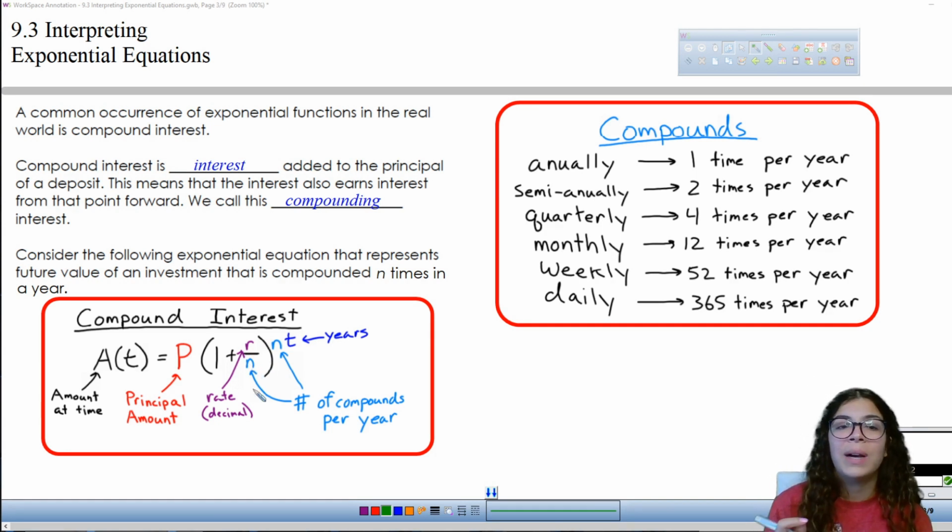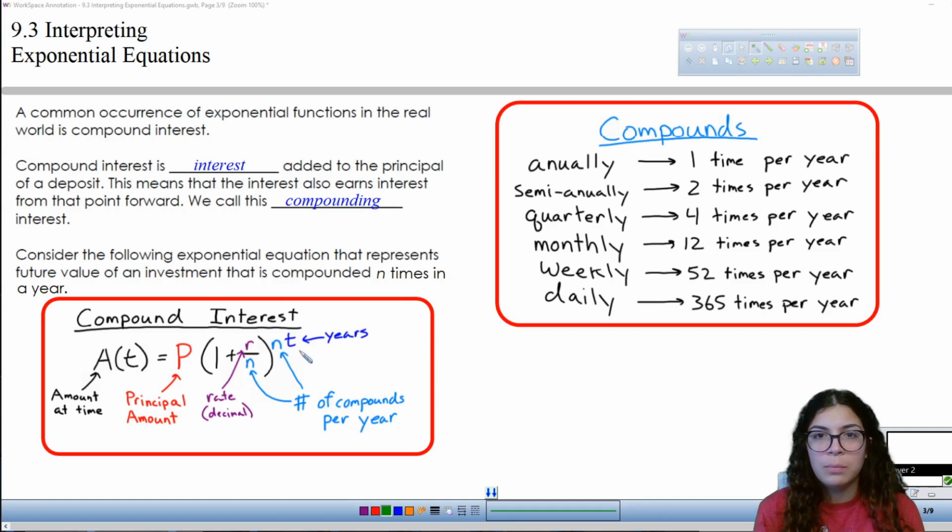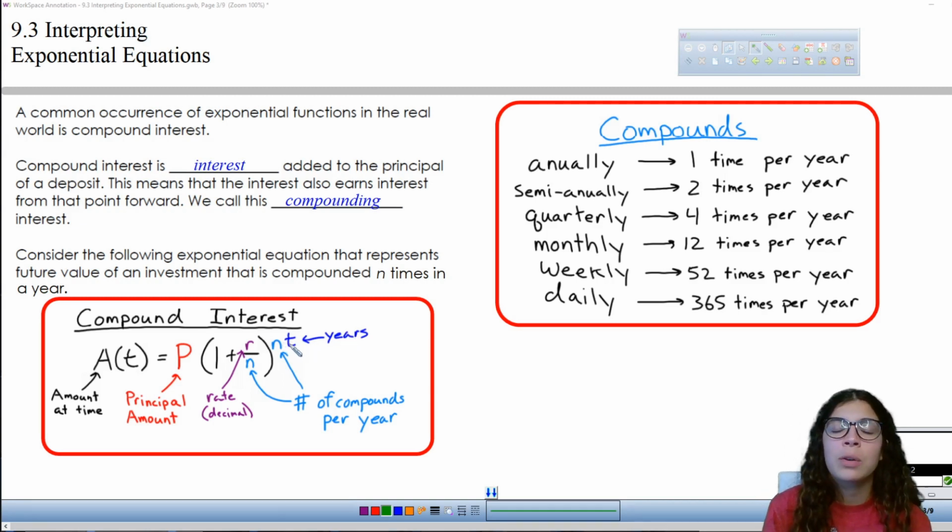We're going to divide it by the number of times that the interest is being compounded, or calculated, per year. And then in the power, not only do we have t, which is strictly in years because we're talking about money here, but we're also going to multiply t by n. How many times we are compounding it in the year.